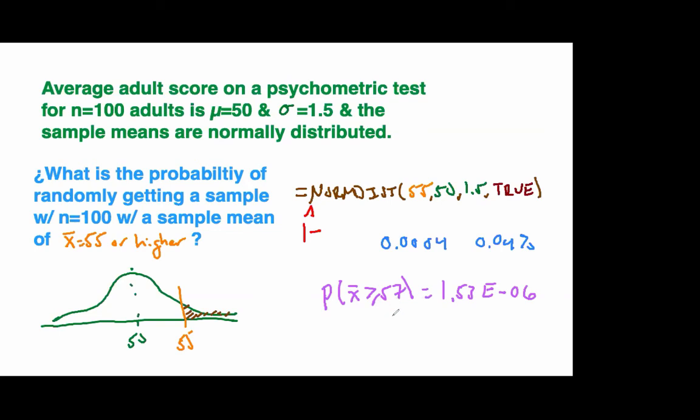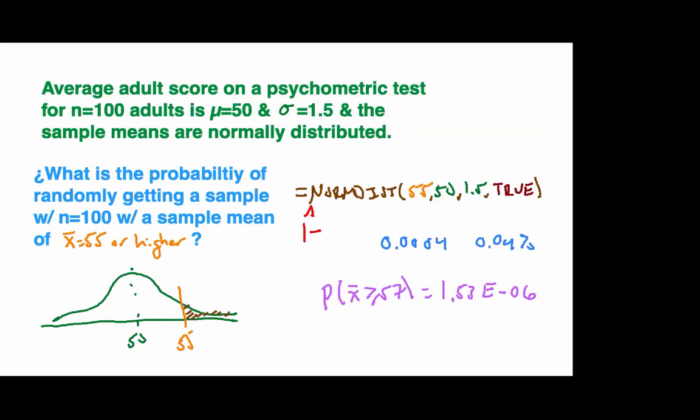So this is a really, really small value. The point being, as the means get higher and higher, at some point they become very unlikely to have occurred just by chance. That's the takeaway message for this type of scenario.